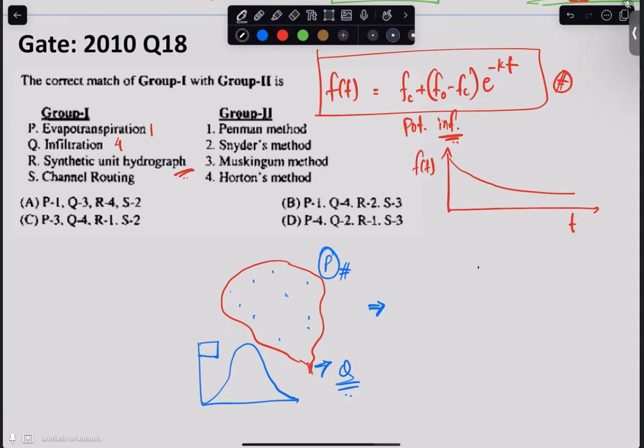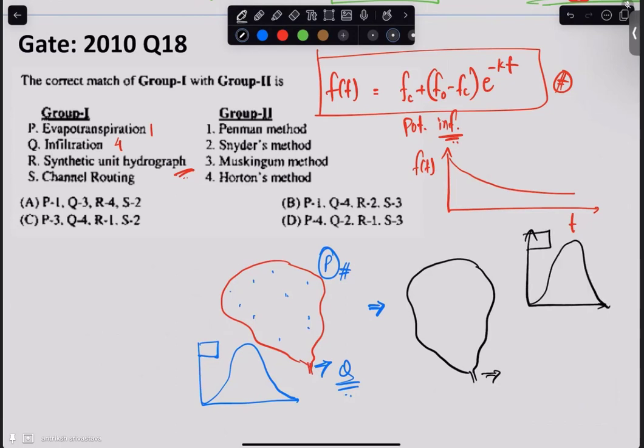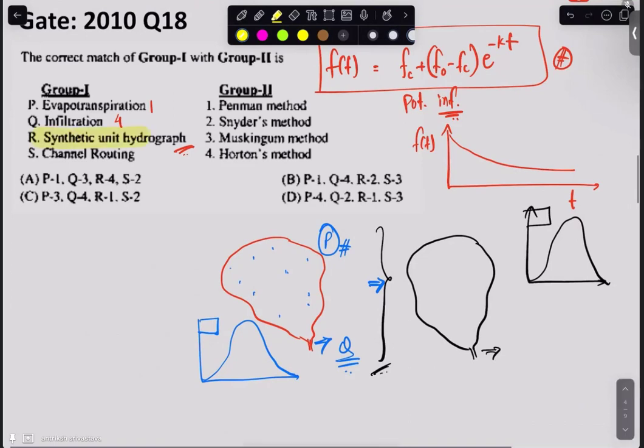We find out a catchment which looks much similar to these catchments, which has a topographical property and soil property similar to these catchments, and then we try to manufacture a unit hydrograph for this catchment based on the catchment that we already have. So that is the use of the synthetic unit hydrographs.